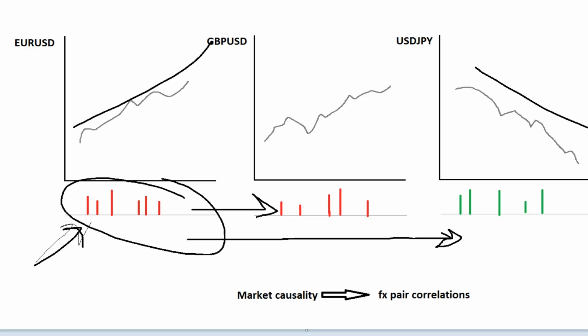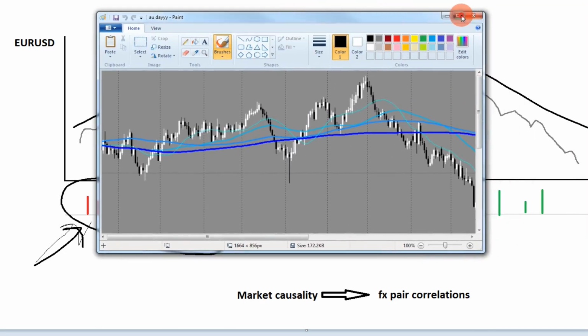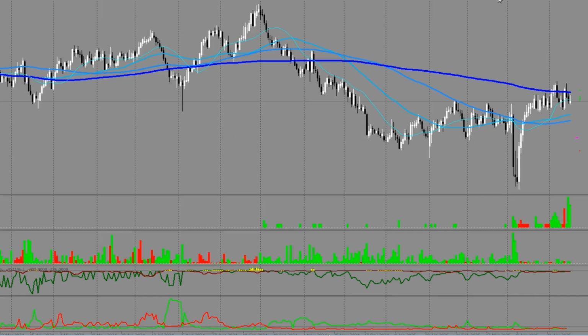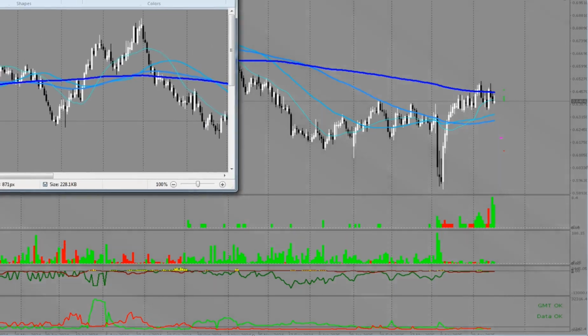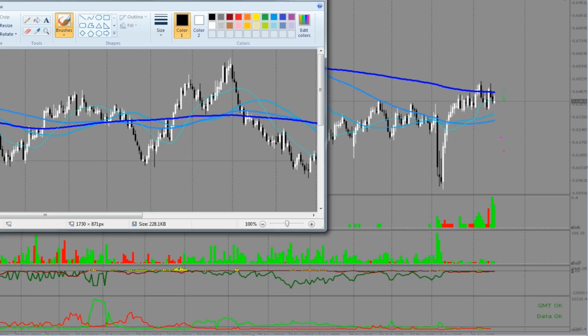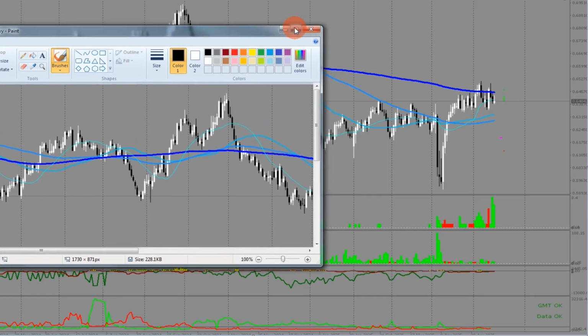So let's look at some real life examples. Here we have Australian dollar on the day chart. And now let's look at Kiwi dollar on the day chart for the same period. You see, it's almost the same chart.